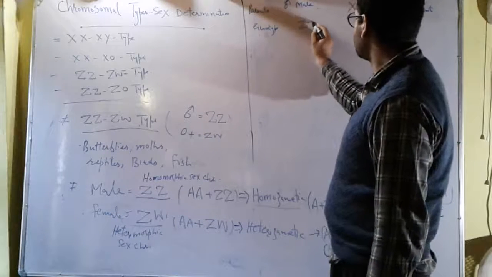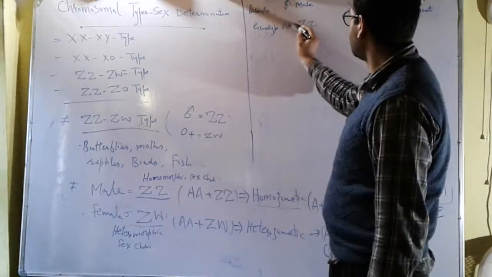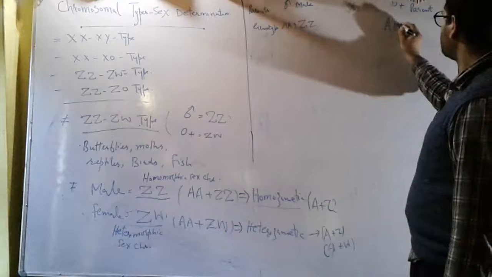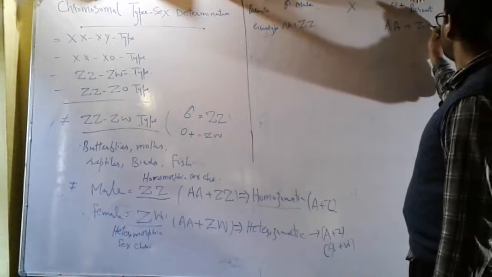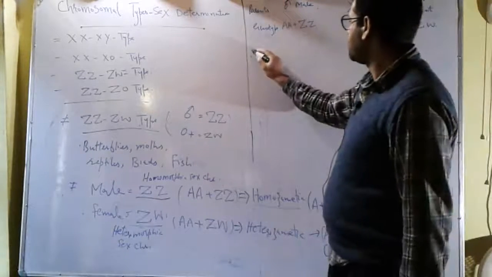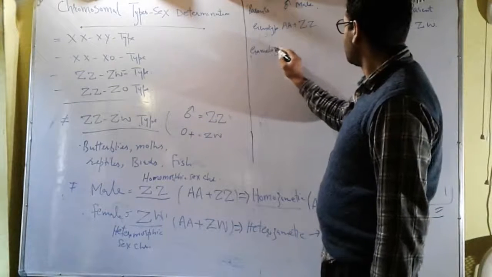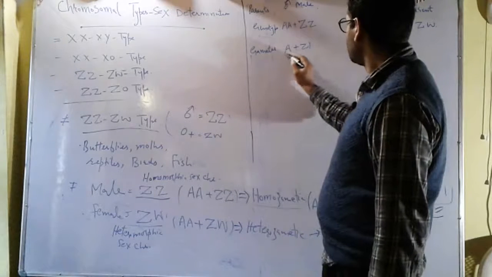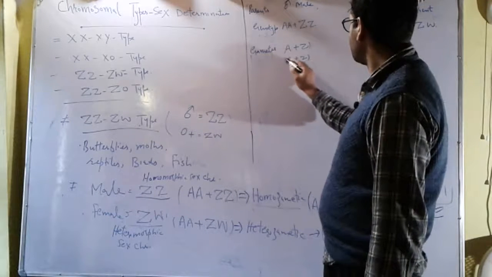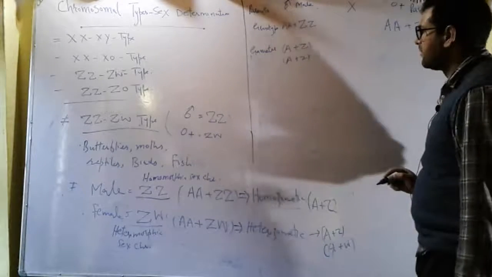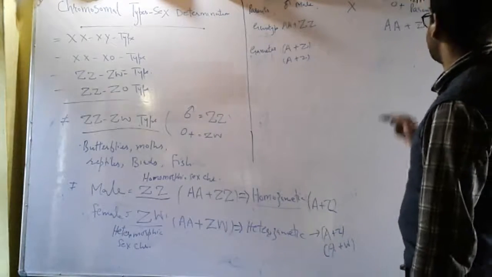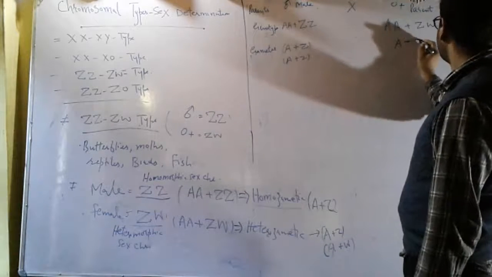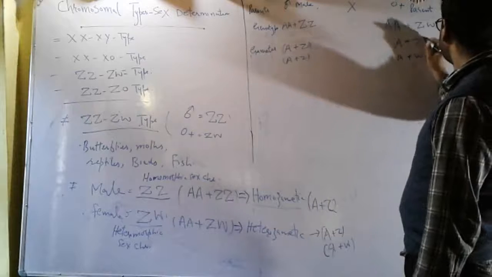Male has autosomes plus ZZ, and female has autosomes plus ZW. Then gametes: we have gametes A plus Z, two similar types of gametes, that is homogametic. Different types of gametes, that is heterogametic. Females are heterogametic, A plus Z, A plus W.